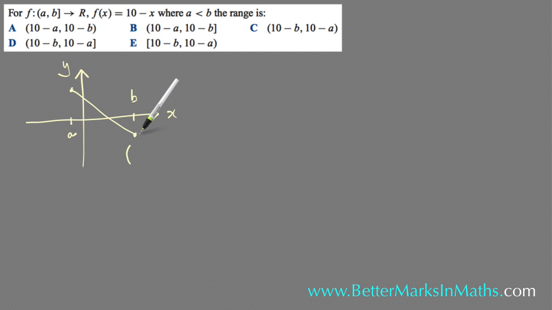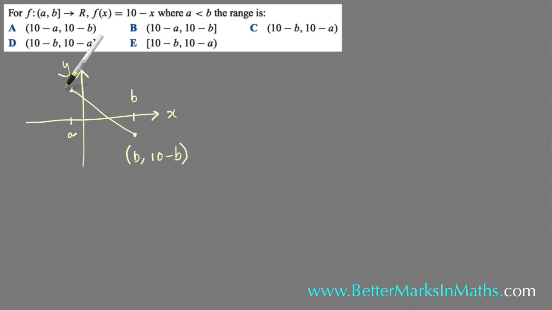At this point, the x value is b. That's the graph of the function. So to work out the y value when x is b, all you do is sub b in, and you end up with y equal to 10 minus b. So that's the y value there.